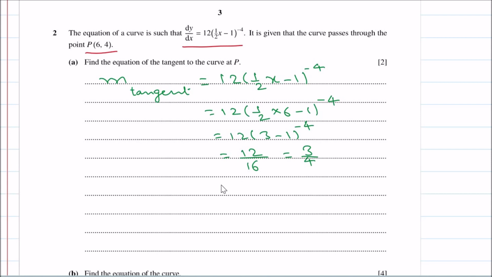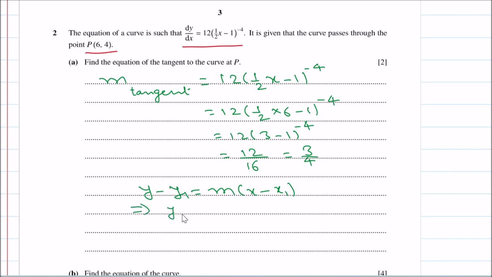Now to write the equation, we need the gradient and one point. Point P is already given in the question. So let's write: we know that y minus y1 equals m into x minus x1. Now in this we will substitute the point and the gradient.